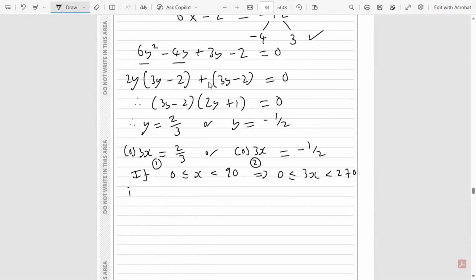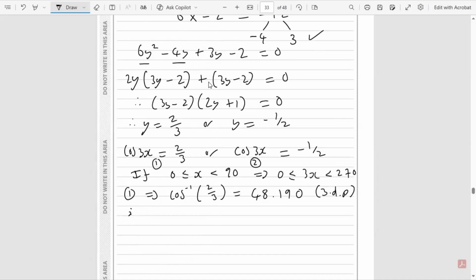So from equation 1, we have cos inverse of 2 over 3. And on my calculator, cos inverse of 2 over 3 gives me 48.1896. I'm going to just round that to 3 decimal places. So that would be 48.190 to 3 dp.